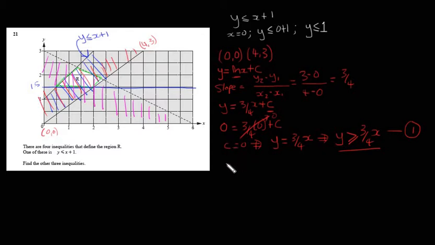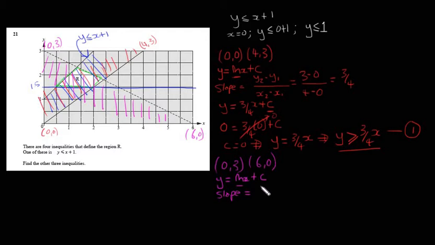So let's take this coordinate 6, 0 and this coordinate 0, 3. Again we have two coordinates, 0, 3 and 6, 0. Now we go back to the same equation, y is equal to mx plus c, where m is the slope, and we know that slope of a line is equal to y2 minus y1 over x2 minus x1.